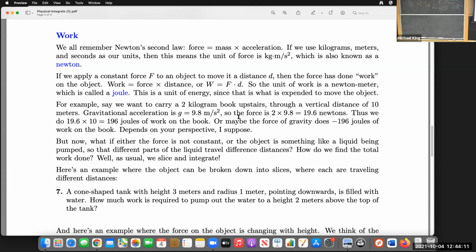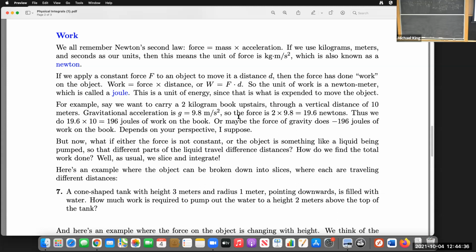Carrying something up is, well, I guess it's weird. You're doing positive work, but the gravitational field is doing negative work or something. That depends on who's actually doing the work. But most of the examples you've seen in high school physics are a constant force times a straight line distance.